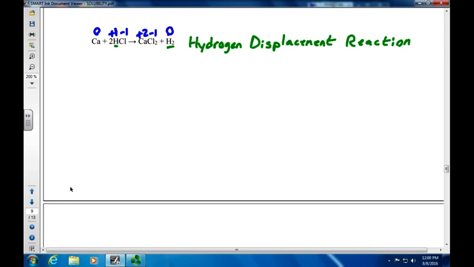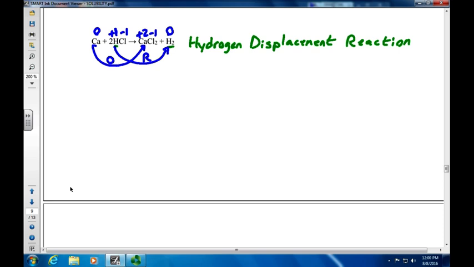Therefore, with some certainty, we can determine that calcium is being oxidized because its oxidation state is increasing, and hydrogen is being reduced because it's going from a +1 to a 0. Chlorine has the same oxidation state on both sides.